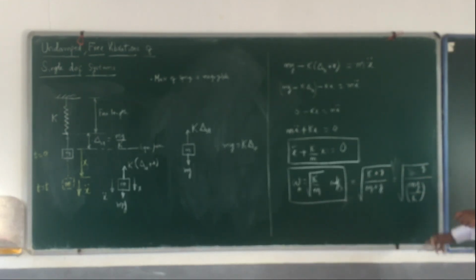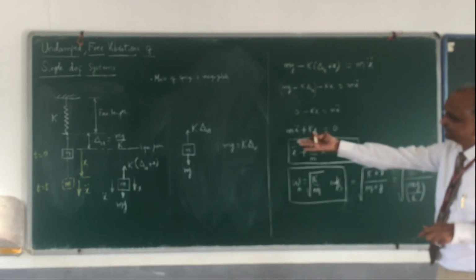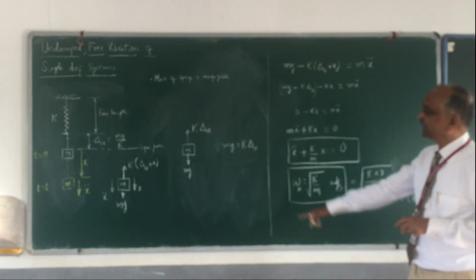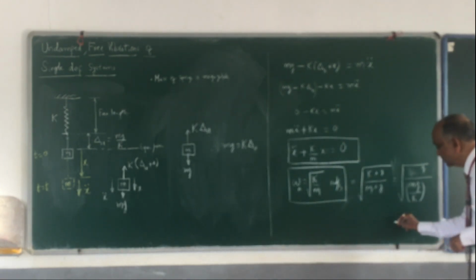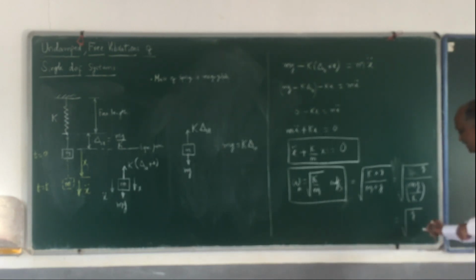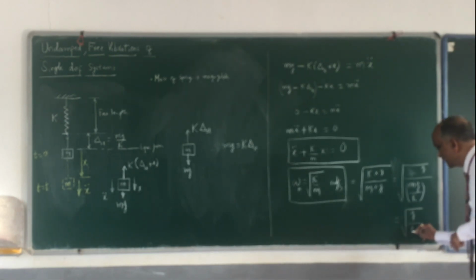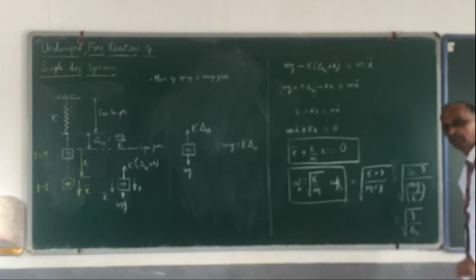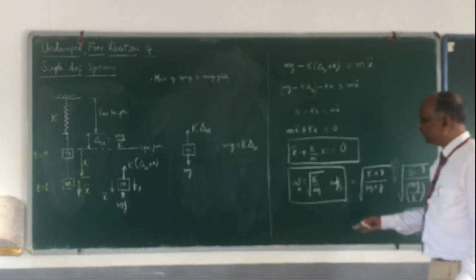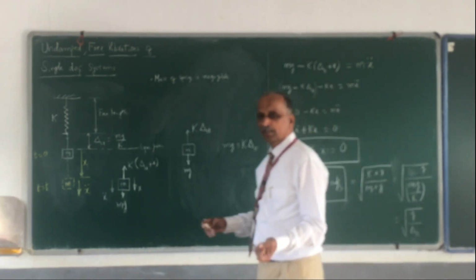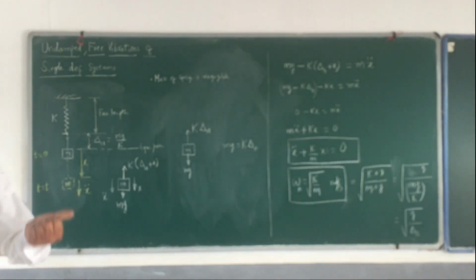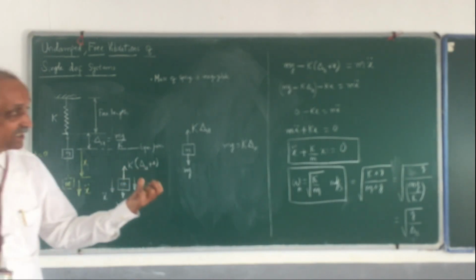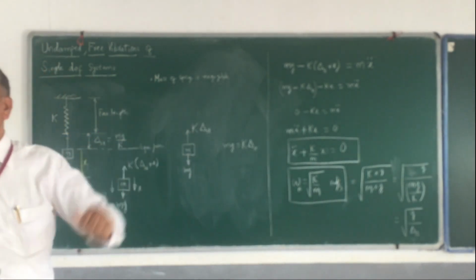What is this? mg by k is delta st. So this is also equal to g, the acceleration due to gravity, divided by delta st. Sometimes even if you don't know k or m, if you know how much static deflection it undergoes the moment you attach the mass, that itself decides the natural frequency.